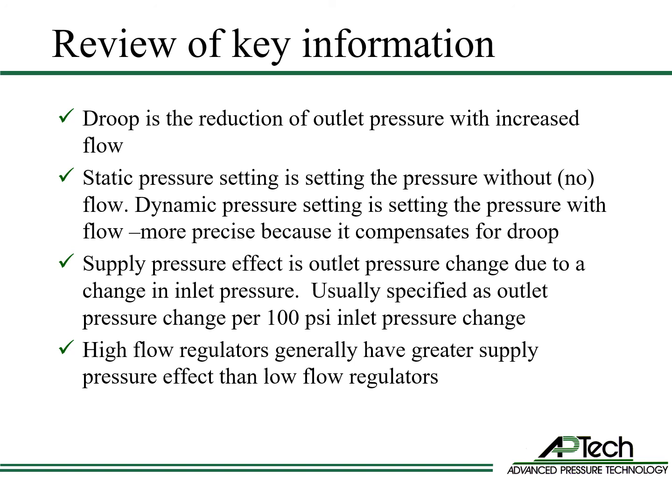This method is more precise because it compensates for droop. Supply pressure effect is outlet pressure change due to a change in inlet pressure, usually specified as outlet pressure change per 100 psi inlet pressure change. High flow regulators generally have more supply pressure effect than low flow regulators.